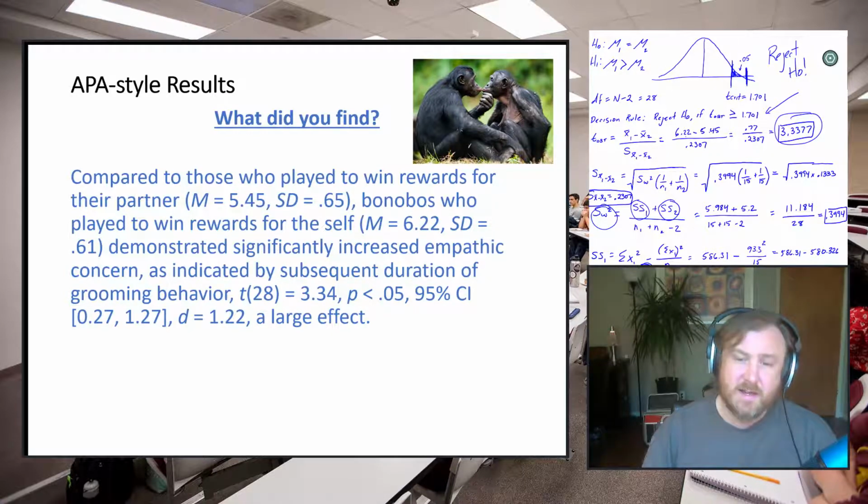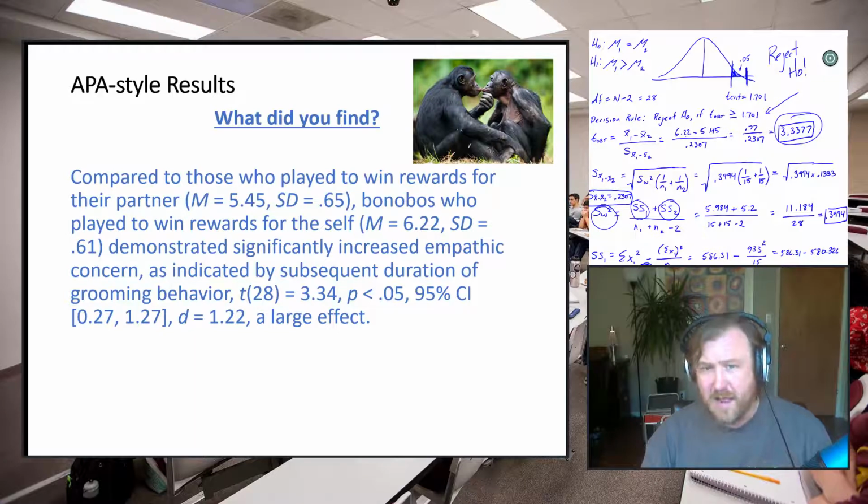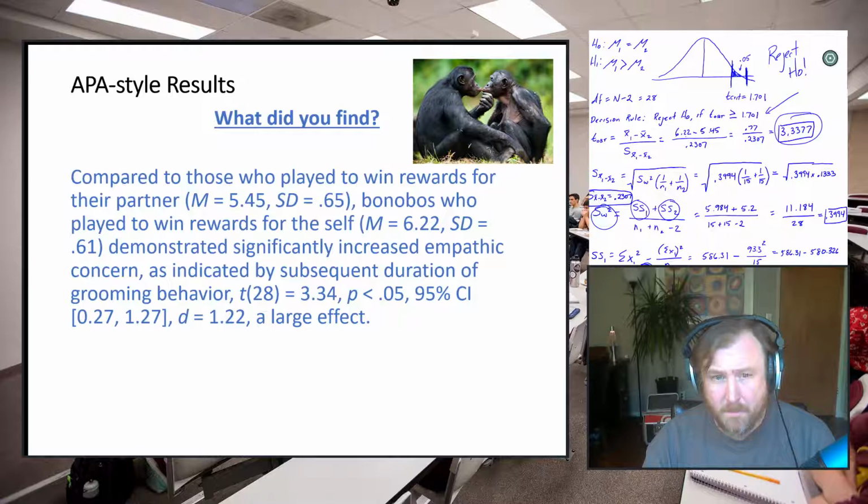And then for what did you find? Compared to those who played to win rewards for their partner, and then we report the mean and the standard deviation of that sample, bonobos who played to win rewards for the self, and again the mean and standard deviation, demonstrated significantly increased empathic concern, as indicated by subsequent duration of grooming behavior.